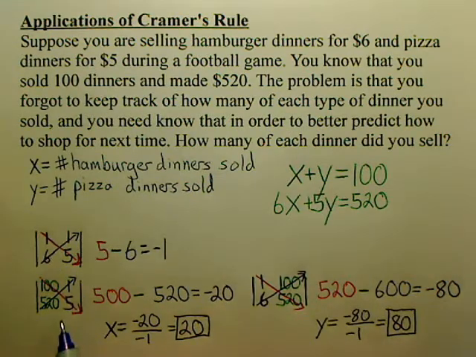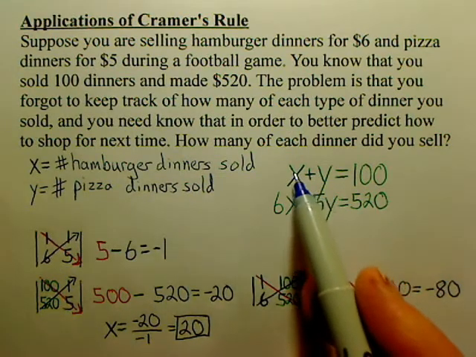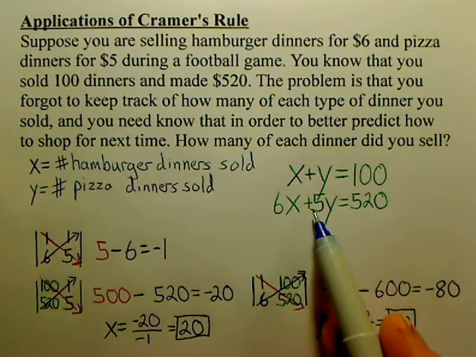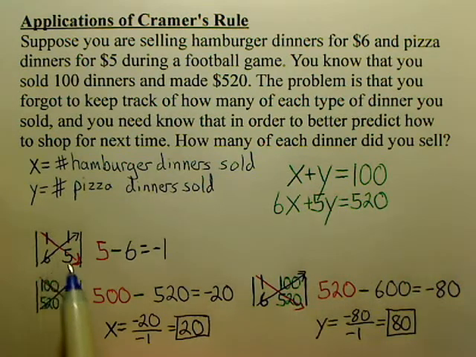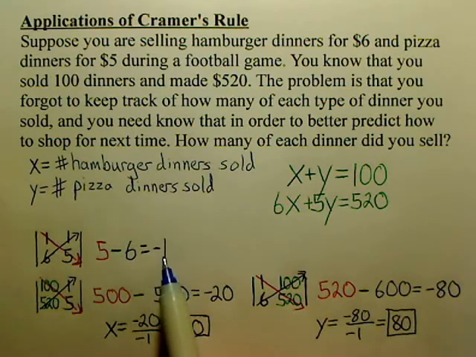So we use these determinants. Remember Cramer's rule: you set all the numbers in front, the coefficients of the x's and y's, up as a determinant, multiply down, multiply up, subtract the two. Then you set up the determinant again, multiply down, multiply up, except what did you notice?